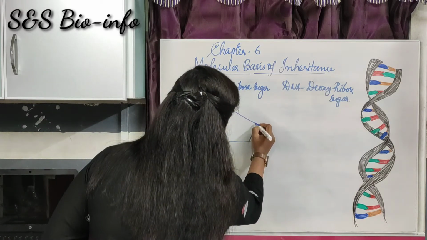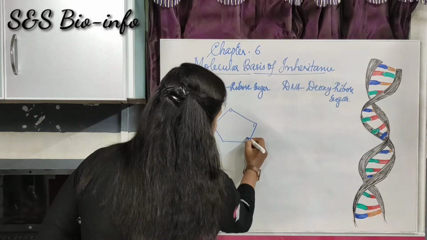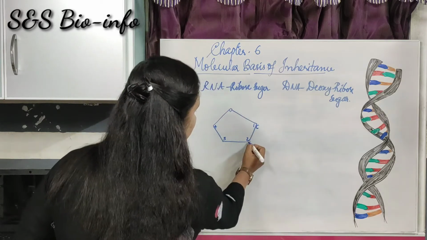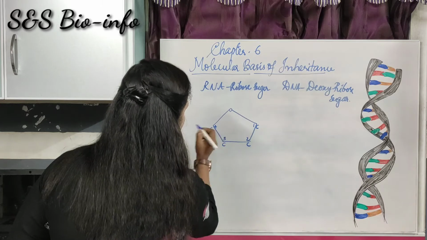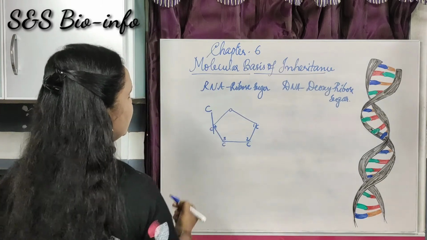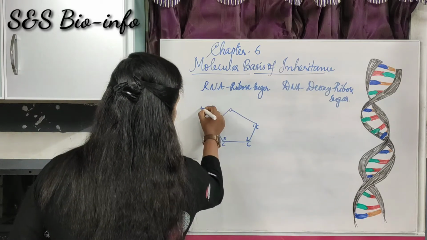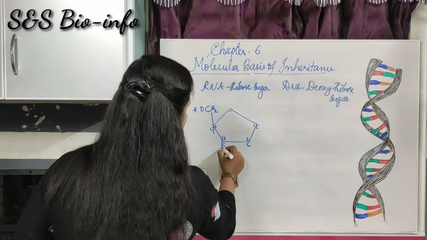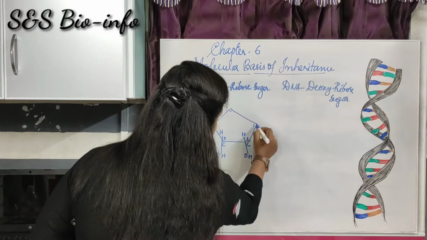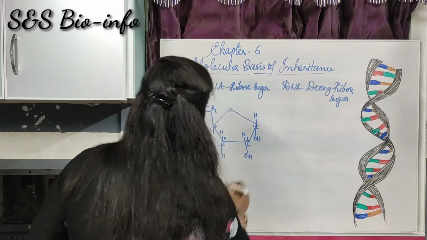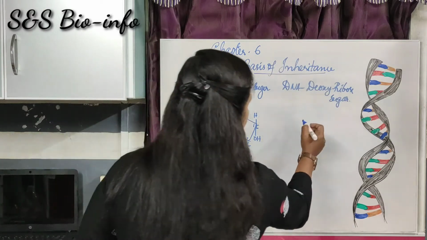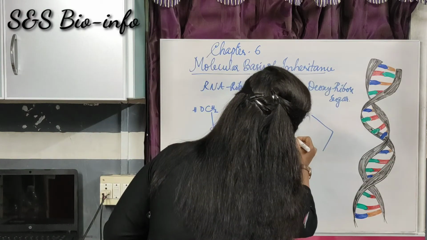This is the first carbon atom, second carbon atom, third carbon atom, fourth carbon atom, and the fifth carbon atom is outside. It can be represented as CH2OH, with H and OH groups on the other carbons. This is the structure of a ribose sugar. Then deoxyribose sugar looks like this.